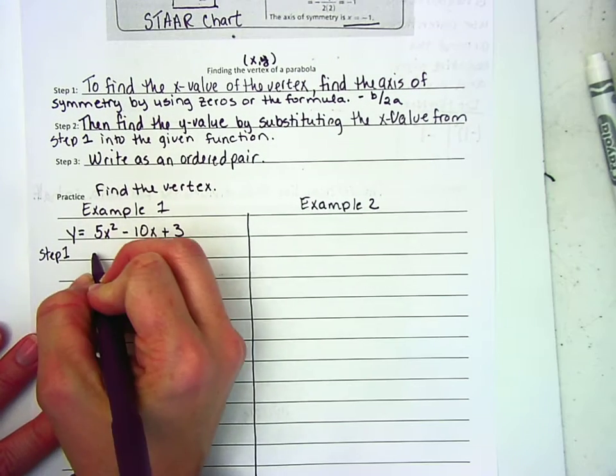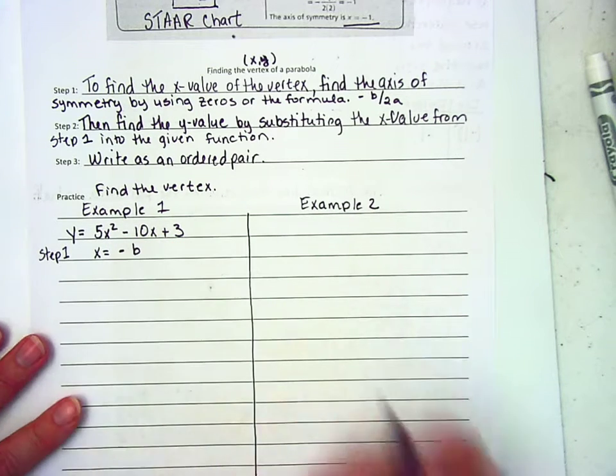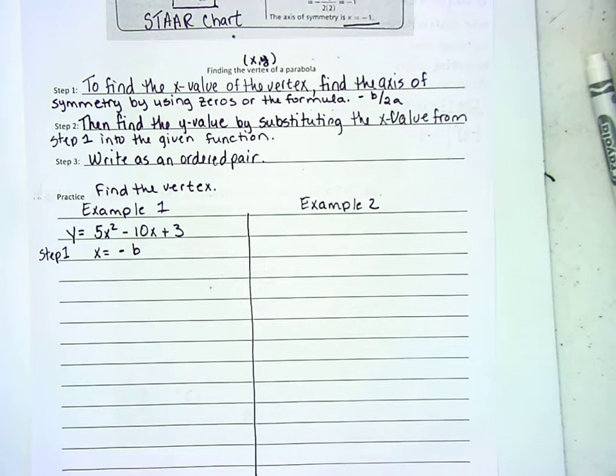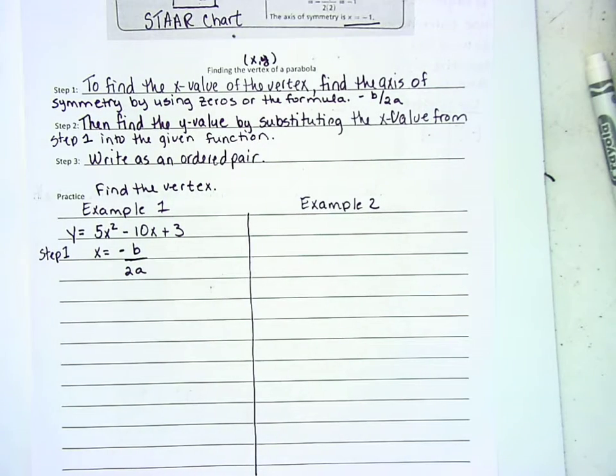I'm going to use my formula of x equals negative b, and I'm going to make the numerator negative. Doesn't matter if I put it as a denominator or the numerator or the whole thing. I'm just going to put it up top, divided by 2a. Be careful with this.